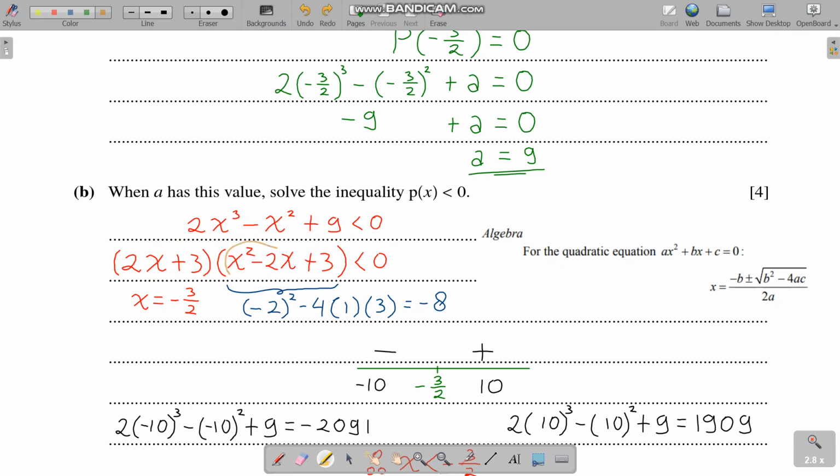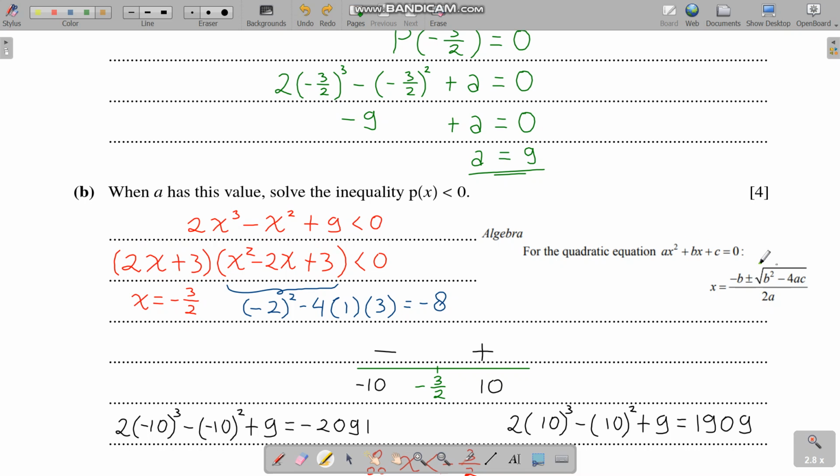So after we find this quadratic factor, we have the first solution from the equation, or the critical value of the inequality, from here. And from here we have to use the quadratic formula.